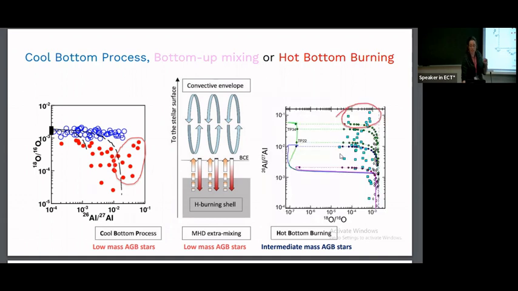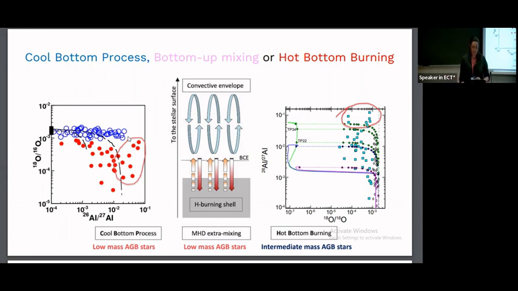This is the fit I just showed you in the previous plot made by the hot bottom burning model. As you can see, in both cases, there is a portion of grains, the most rich in aluminum 26, that are out of the region covered by the models.